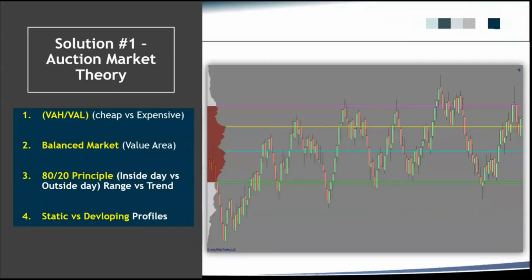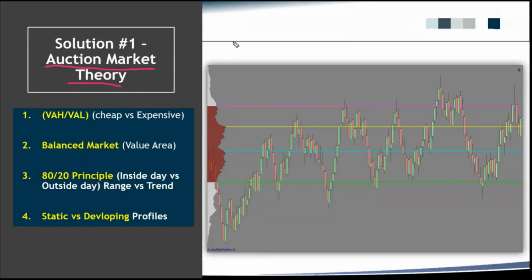The financial market is an auction, okay? It's an auction. And that's why it's called auction market theory. Now, there's a concept called statistical analysis, or statistical deviations, if you will.